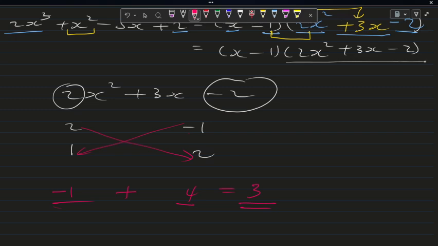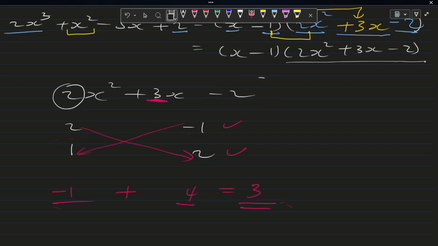Because we have positive 3, this serves as a confirmation that we have the right combinations, because positive 3 is the coefficient of the middle term. This is a way to test if you have the right combinations, because whatever value you obtain at the end has to be the same as the coefficient of the middle term. This is what we did when we were doing algebra.